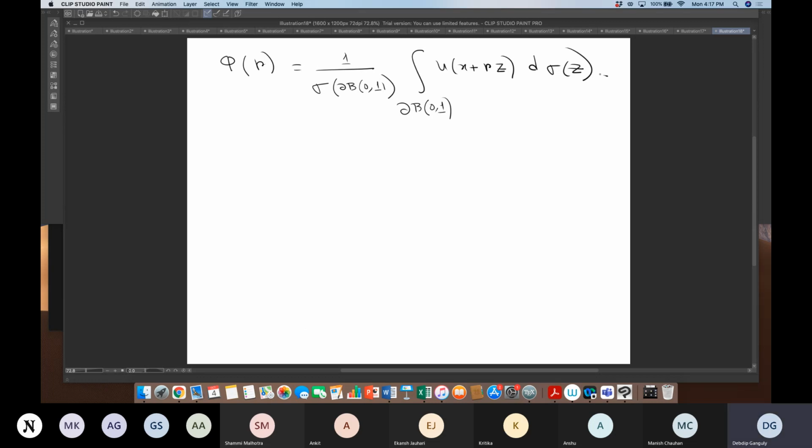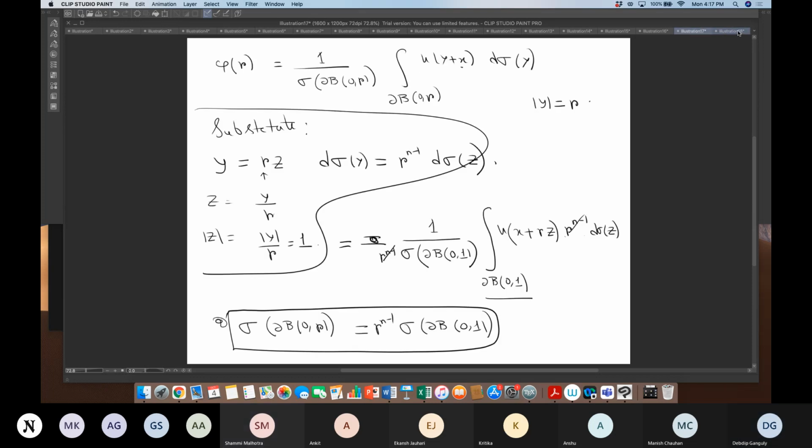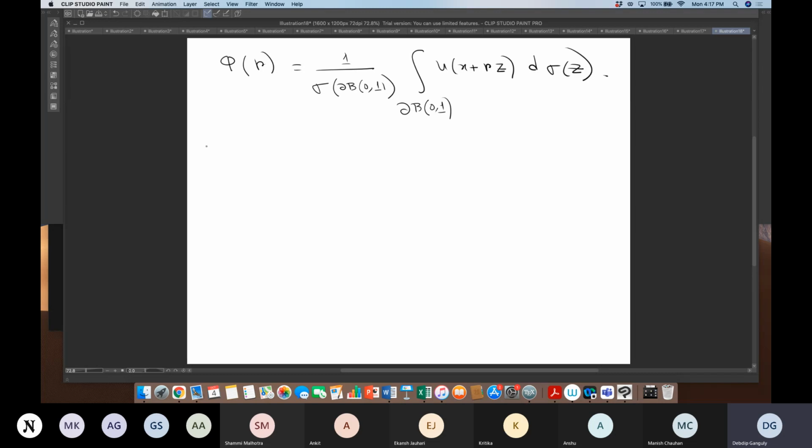Is that clear? Yes or no? Yes, sir. Okay, good. Now what I will do, I will take the derivative. What will be the derivative? If I do derivative, the integral does not depend on r.